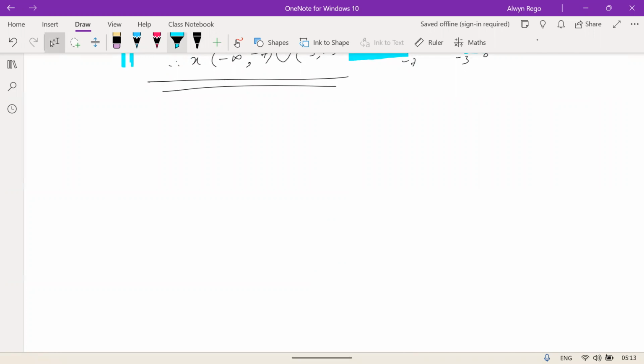So let's pick up some more little challenging problems. So let's see, we have question number 3. Say 2 minus absolute value of 5x minus 7 is less than, let's say, 10.